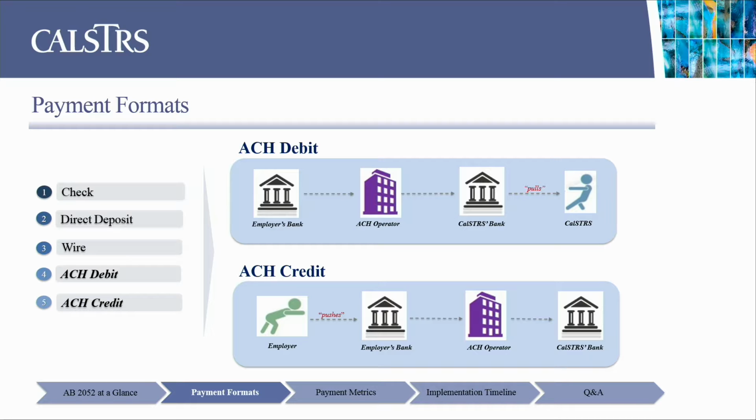You're scheduling that, you're approving that, and then instead of us pulling it from your bank account, you push it from your bank account to our bank account. So it's just what you'd prefer. You may have a governance structure or certain policies at your particular employers that govern which one of those you would want to use. From our perspective, we like them both. As a matter of fact, about a third of you in this room are already doing ACH debit, so we appreciate that.